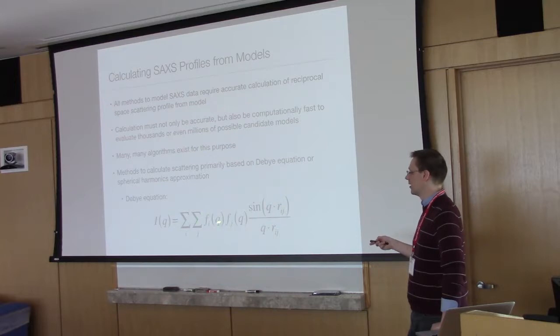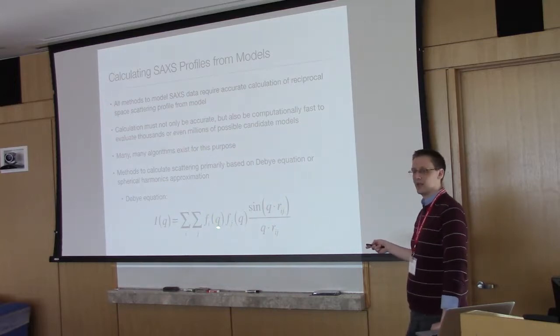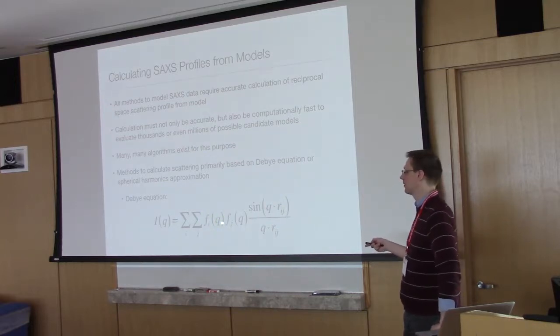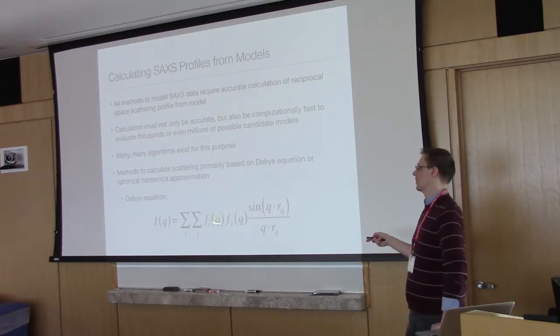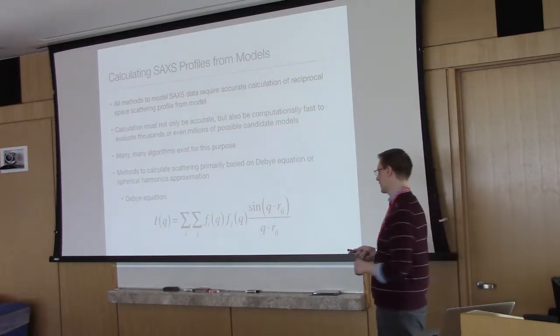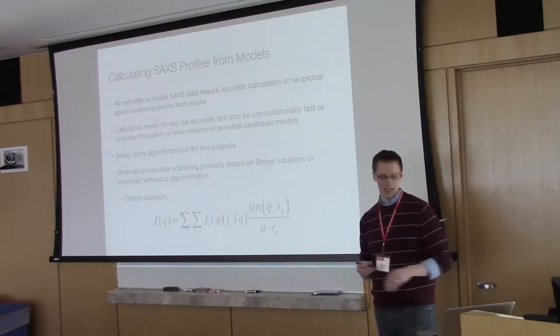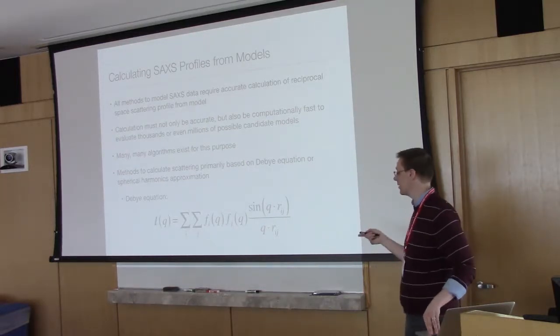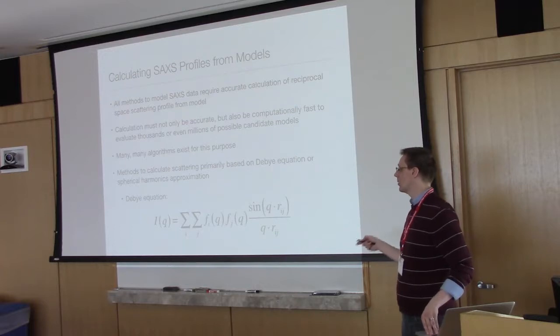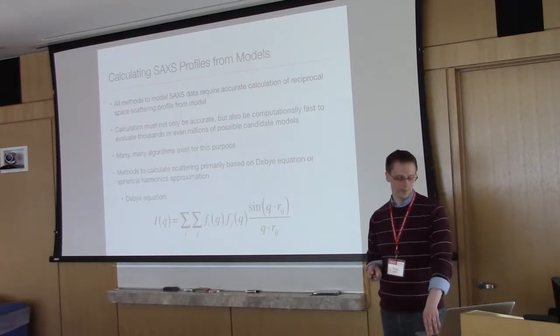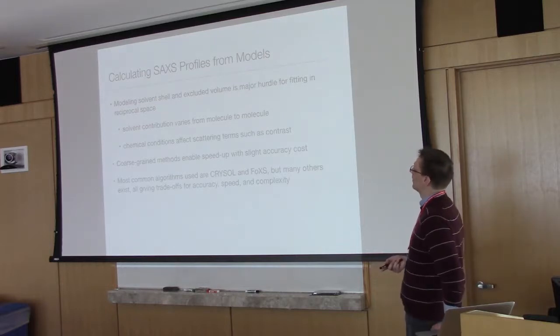It's also modulated by what the scatterer itself scatters, so it's the form factor of a carbon atom or some kind of coarse grain bead. And there's this sinc function, sine of x over x. It's a double sum over all the pairs of all the atom distances, so it's a big equation. If you just do the Debye equation straight, it takes quite a while, but people have come up with some clever ways around this.